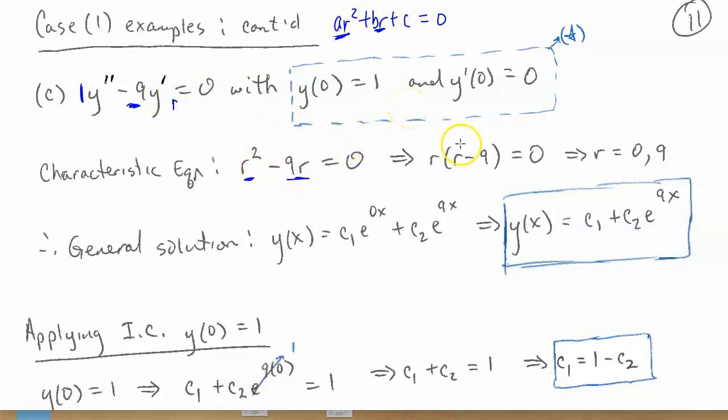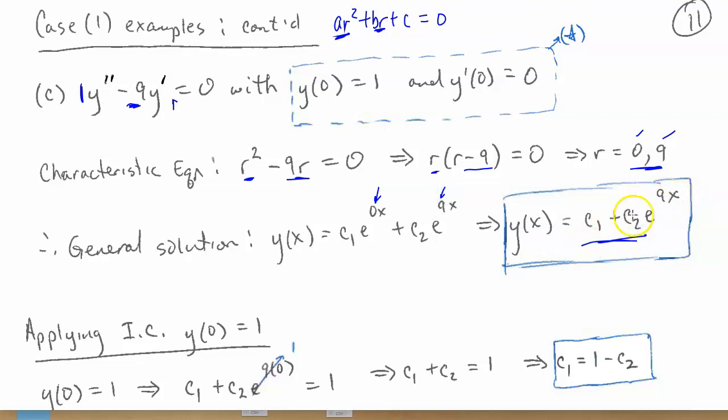So with that, of course, we factor out the greatest common factor of r, and we see that either r is equal to 0 or r minus 9 is equal to 0, which means that r is equal to either 0 or 9. So our general solution, since this is two distinct real numbers here, we just plug in the c1 e raised to the r1x plus c2 e raised to the r2x. r1 is 0, r2 is 9.